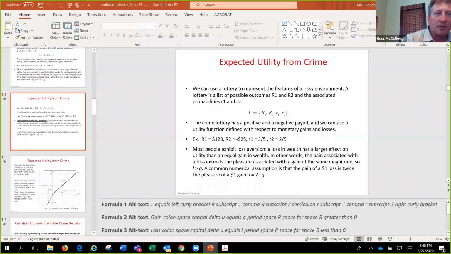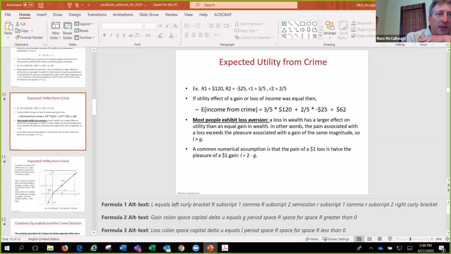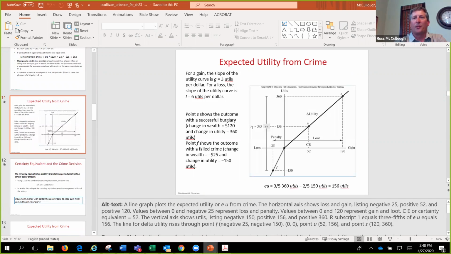So with this chapter, we started looking at altering prison terms and other things. So we had the gains, the benefits of utility of cash coming at less of a rate than the loss. So the slope of this utility relationship, for gains it was 3, and for losses it was 6.